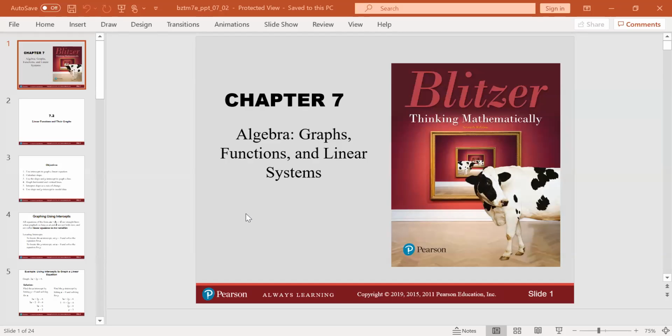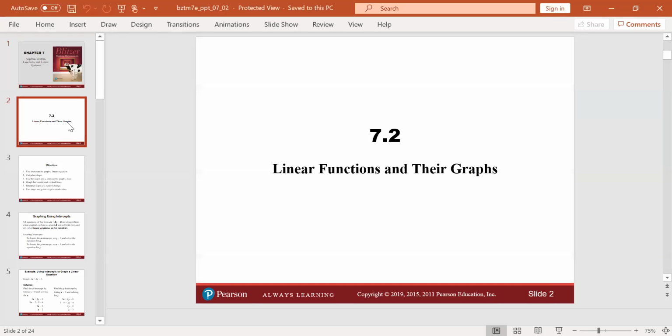Ta-da. Linear functions and their graphs. So we've dealt with, they're not truly functions, but we have dealt with linear equations in one variable. We just had x. Linear functions and their graphs.